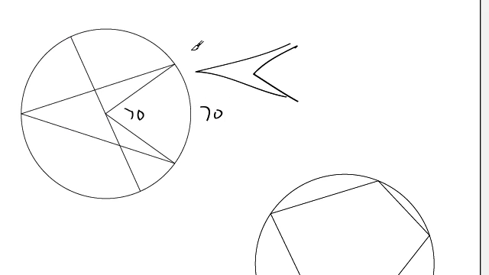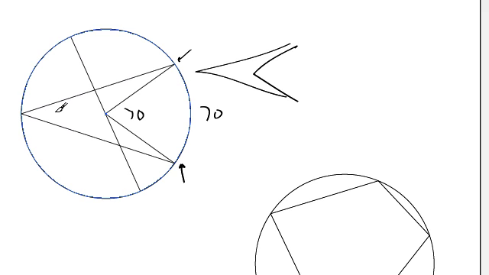Notice here the central angle is touching the circle, and here the central angle is touching the circle. But there's another angle, this inscribed angle, that's touching the same points. Now there's no way for this angle to be 70 as well.